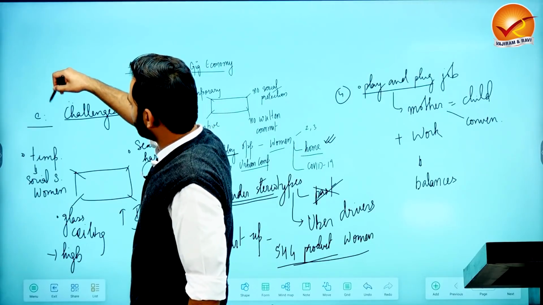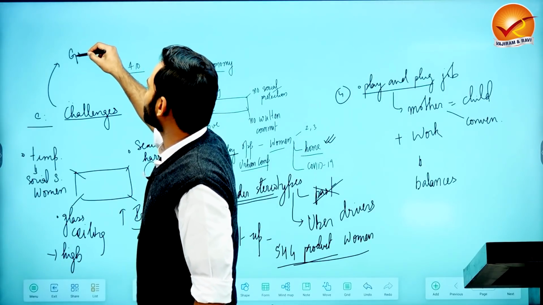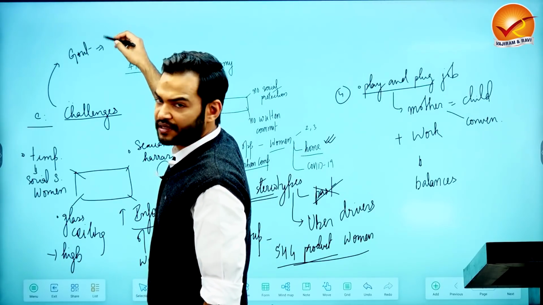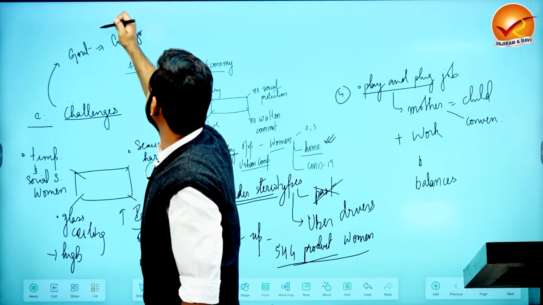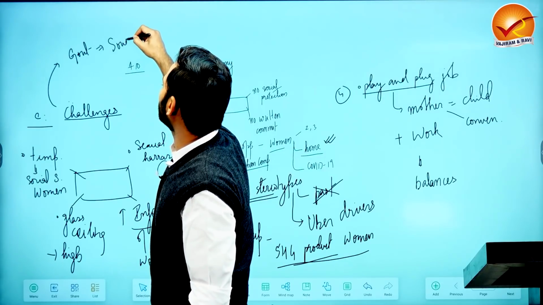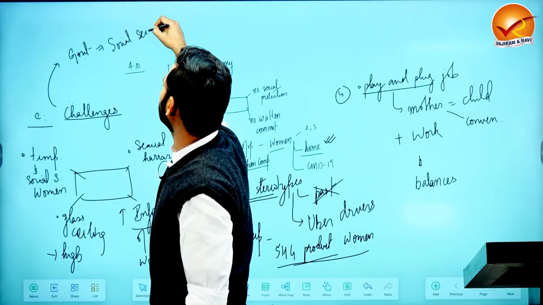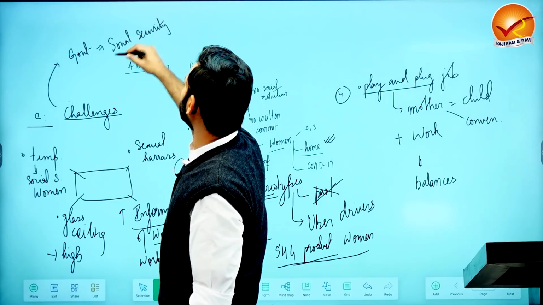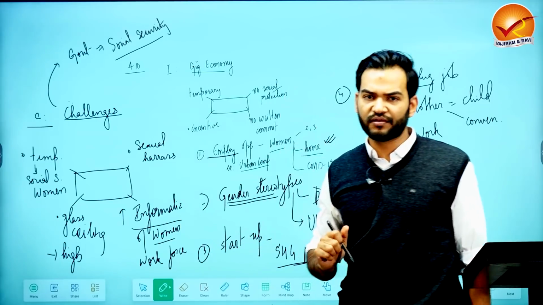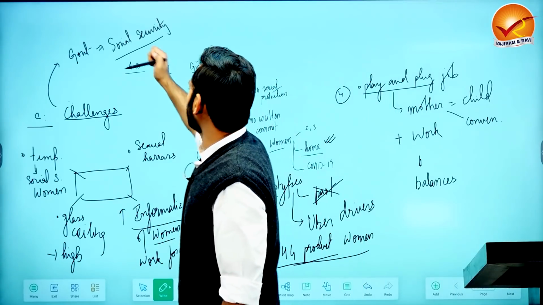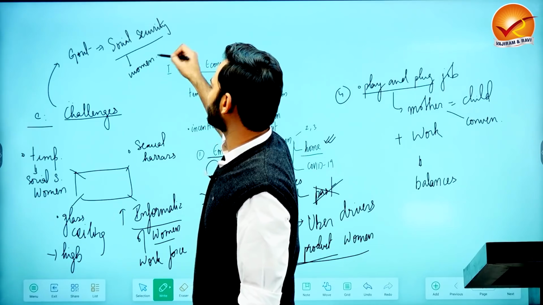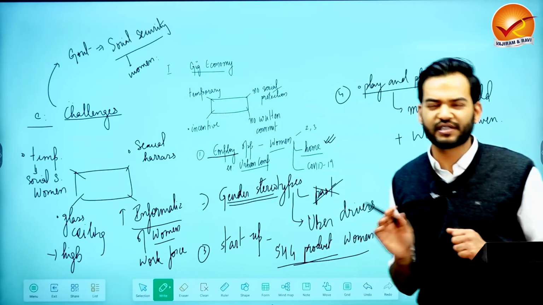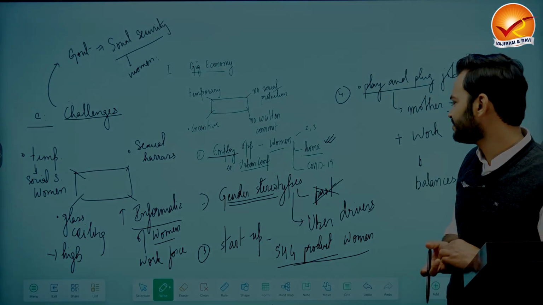Then you can write in the conclusion that the government must immediately come up with a social security code for gig workers in order to empower women in the real sense. That is what we can say in the conclusion. A simple question can be answered very easily.